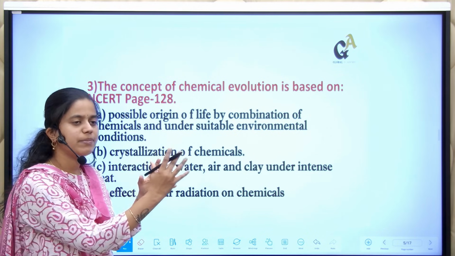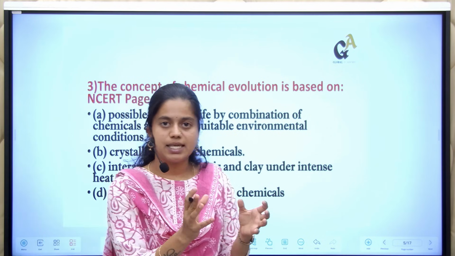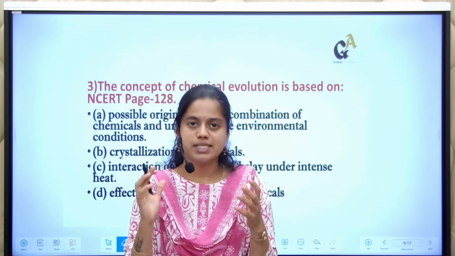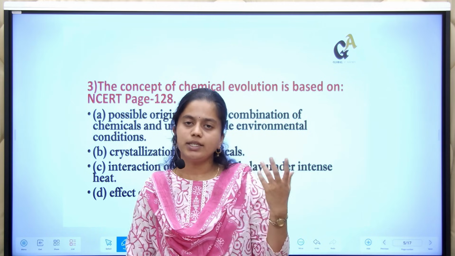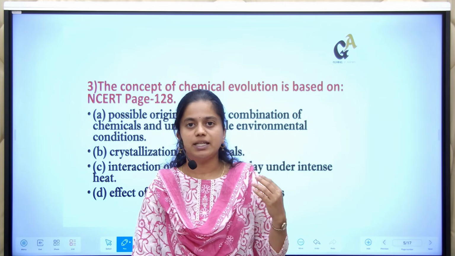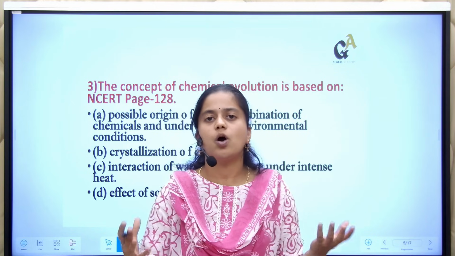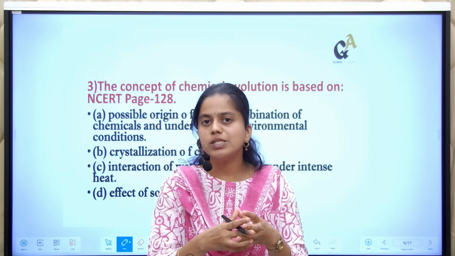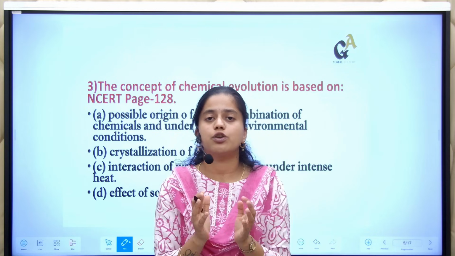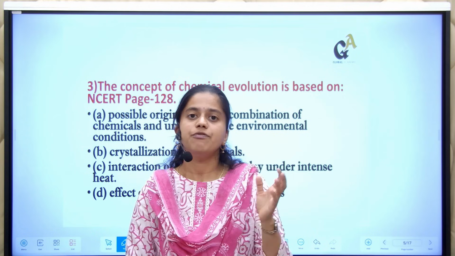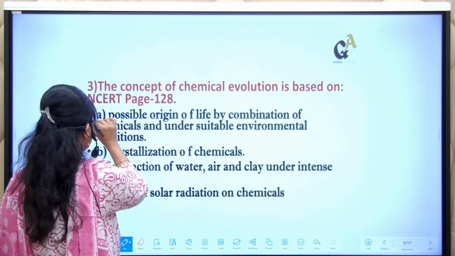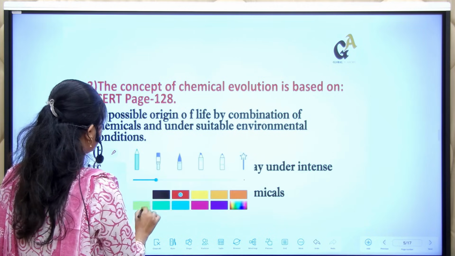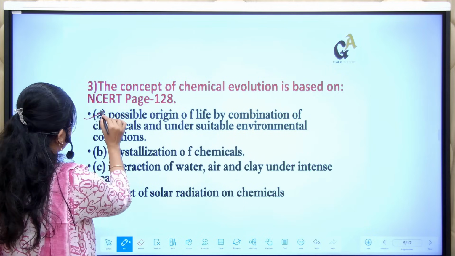These chemicals, CH4, NH3, H2, under suitable conditions, either volcanic eruption, lightning or ultraviolet rays, combined with the molecules and led to the formation of inorganic substances, which ultimately gave us the origin of life. So option A is correct here.